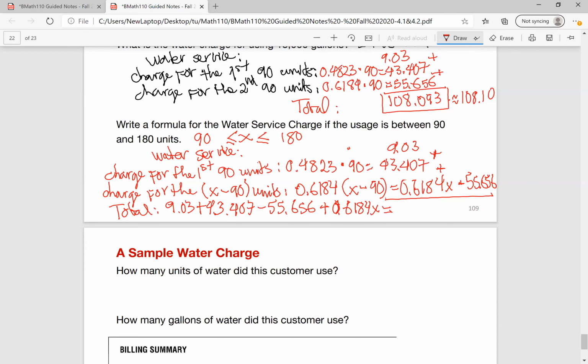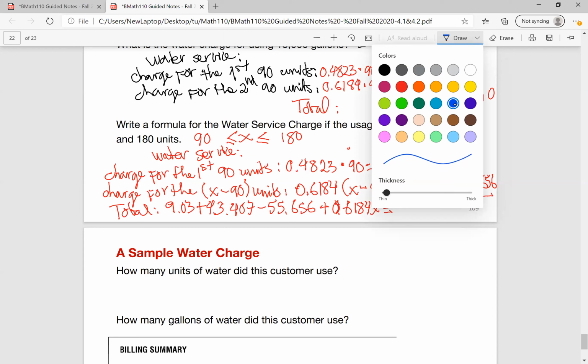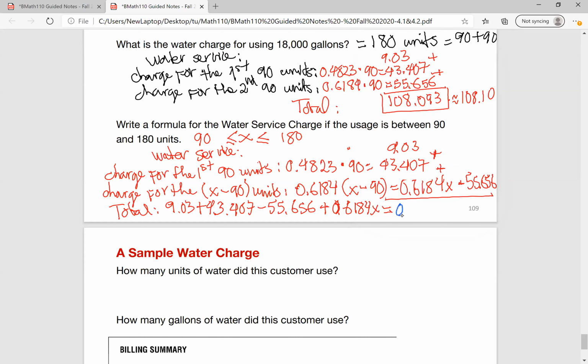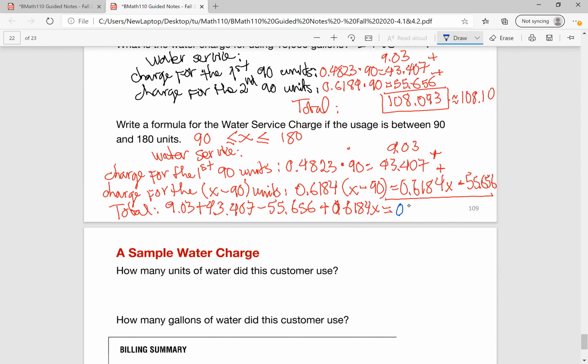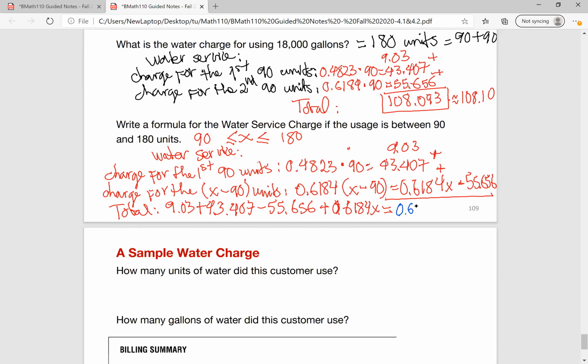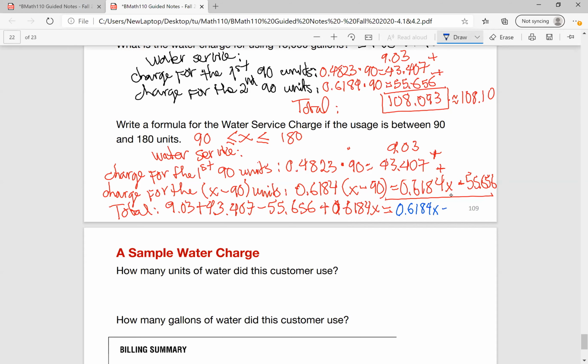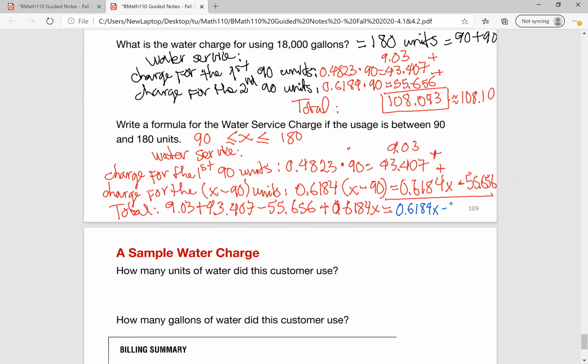If you simplify, you will get 0.6184x minus 3.219.